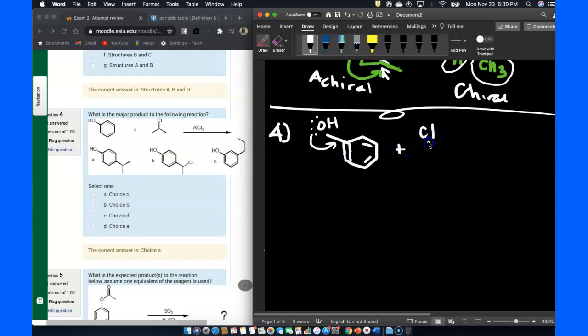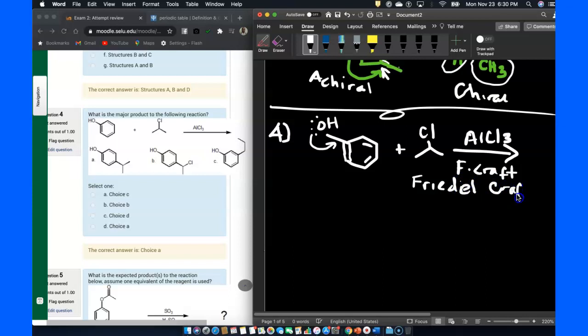The next thing I look at is the reagent. Each time you see AlCl3, know that that's Friedel-Crafts reaction. Okay. The question is it Friedel-Crafts alkylation or acylation? I see an alkyl group here, so it's alkylation.